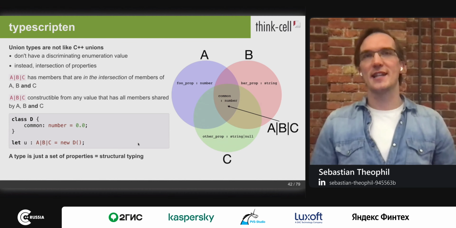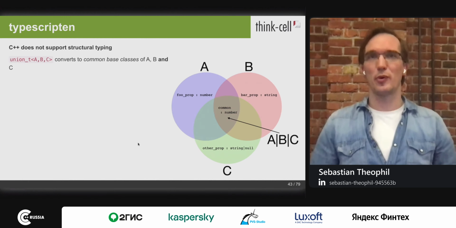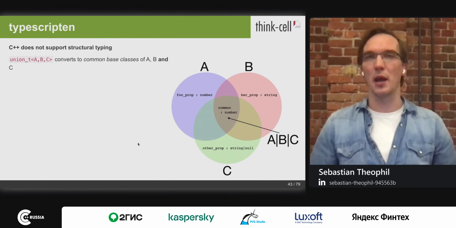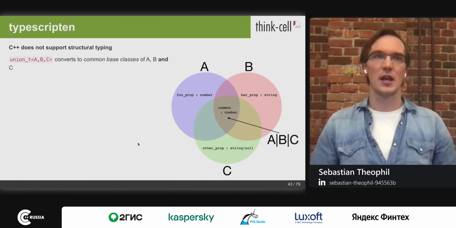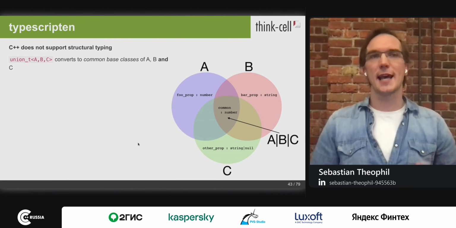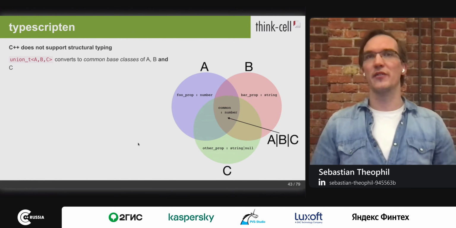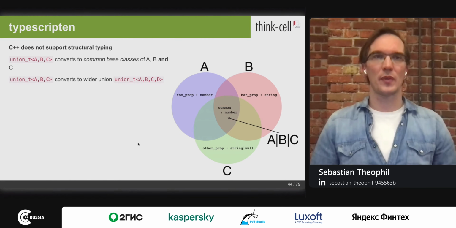Now, how do we translate that into C++? C++, of course, does not support structural typing. We have type names and they mean something. But there are a couple of things that we can do that are still useful and correct in C++ and TypeScript. For example, we can say that a union type of A, B, or C can convert to all the common base classes of A, B, and C. That's certainly valid in both languages.